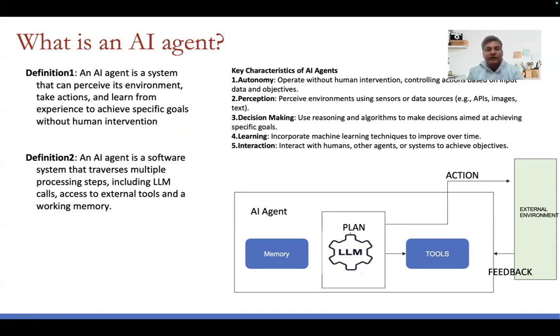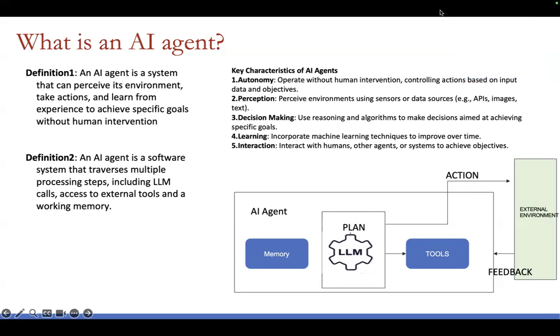But practically speaking, you can consider an AI agent to be powered by an LLM. It has memory and it has access to external tools, and it also interacts with the external environment and takes some actions, and then it gets some feedback.